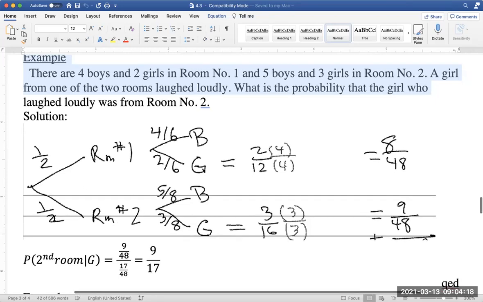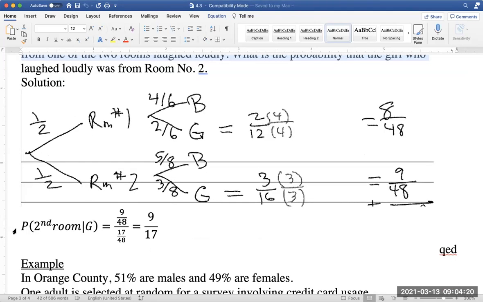So I want to figure out the probability that it is room 2, given that the person who laughed is a girl. So let's look at all the girls. 1/2 times 1/6 is 2 out of 12. 1/2 times 3 over 8 is 3 out of 16.